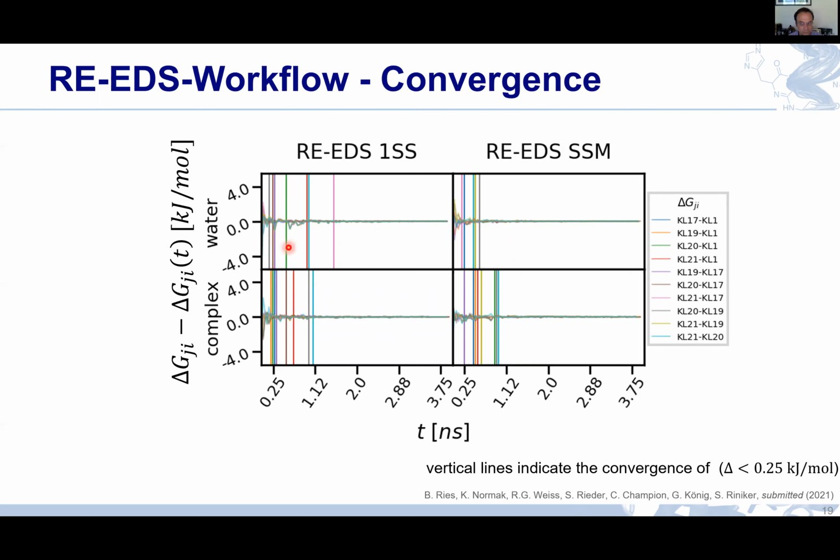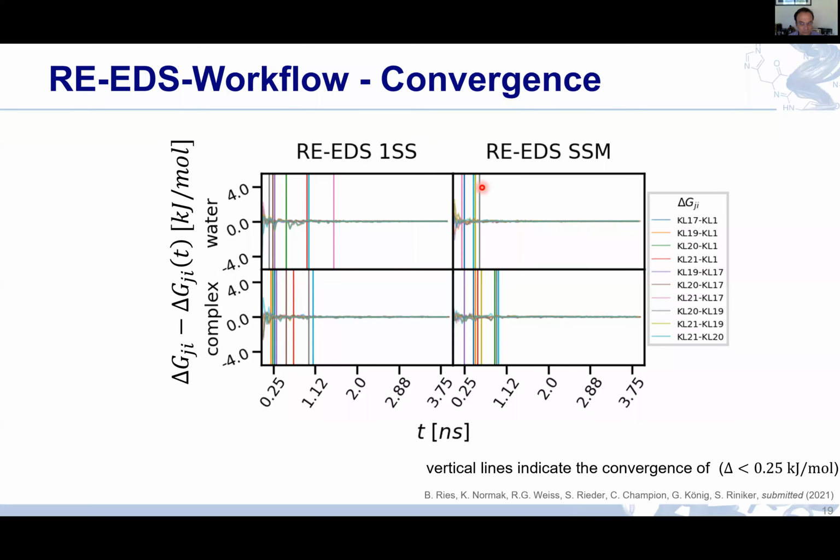Each vertical line is showing you the estimated convergence. I think the difference is only 0.25 kJ per mole. If the value converged to that, then we consider it as converged.